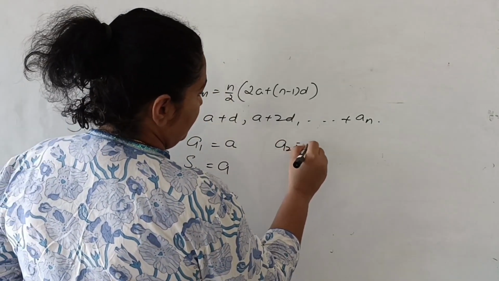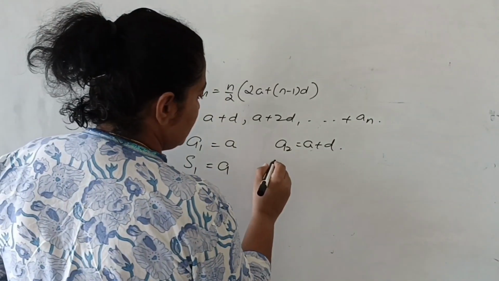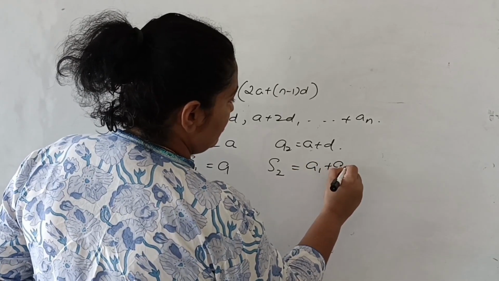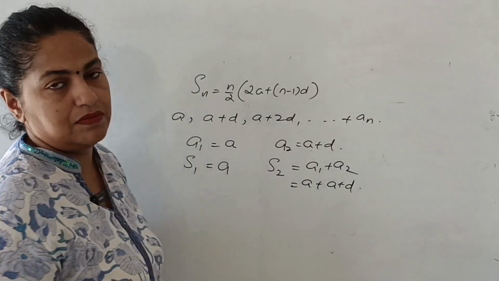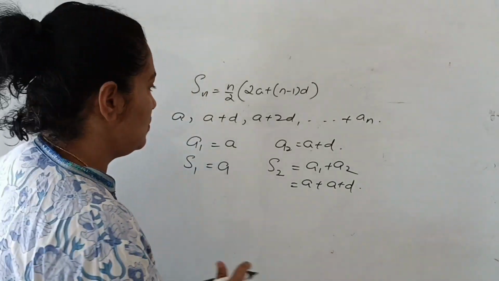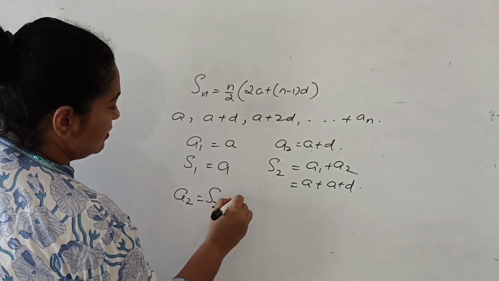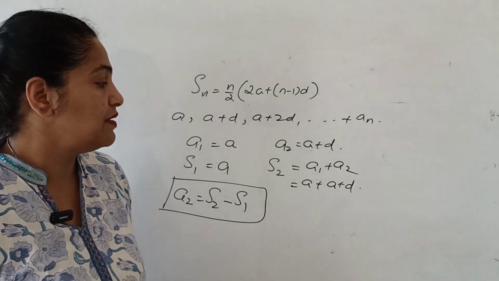What is the second term? A plus D. What is the sum of the first two terms, which is S2, is A1 plus A2, which is A plus D. Correct? Now, can I say this?